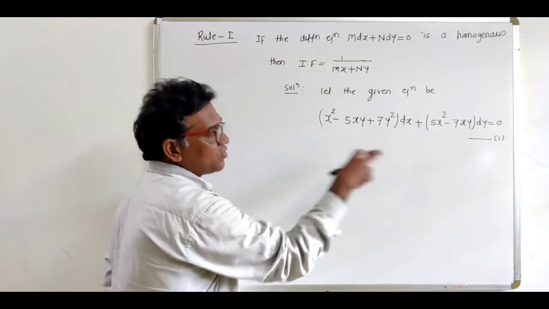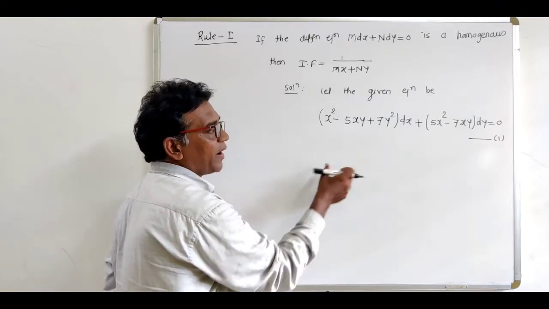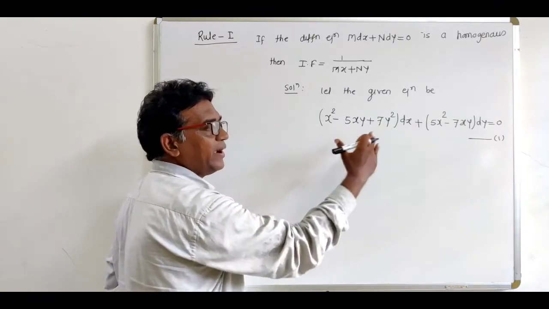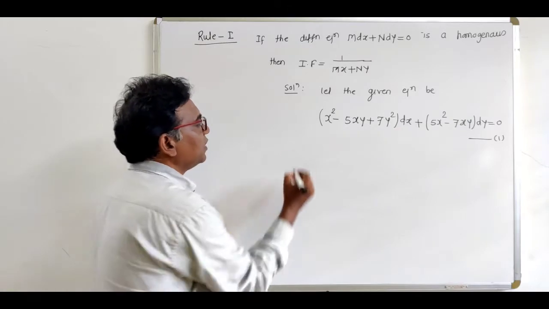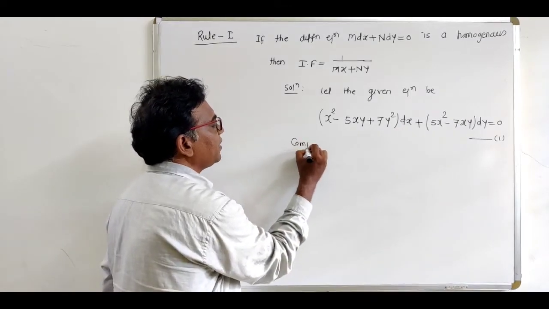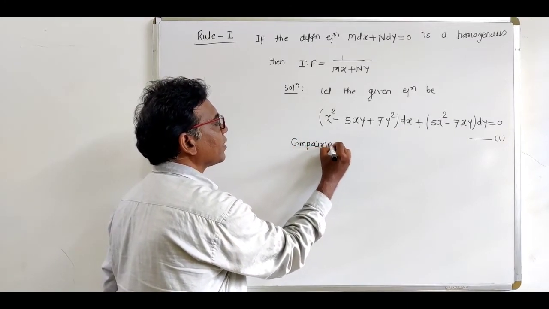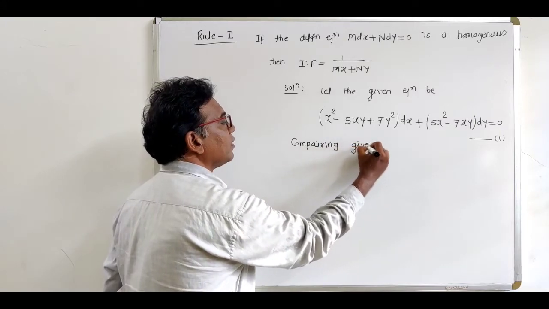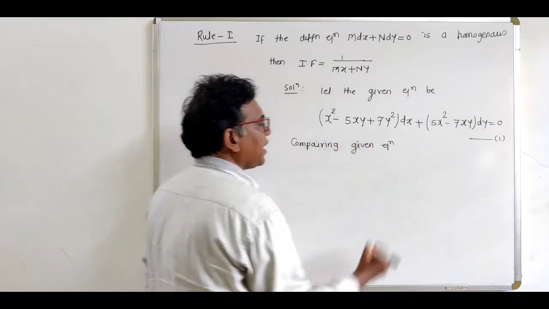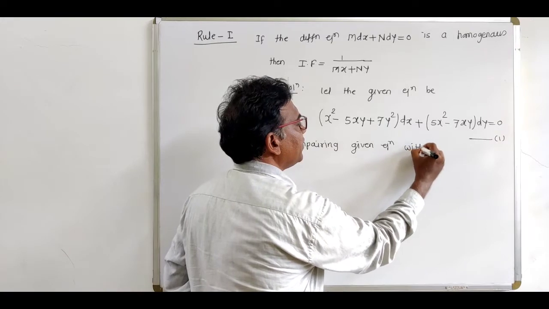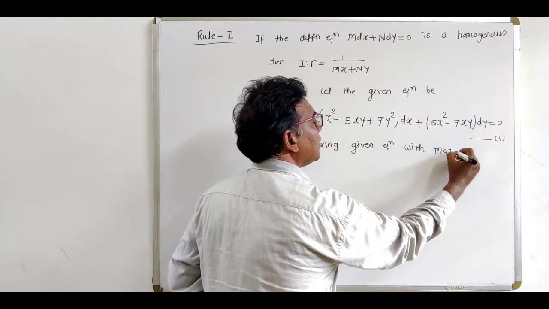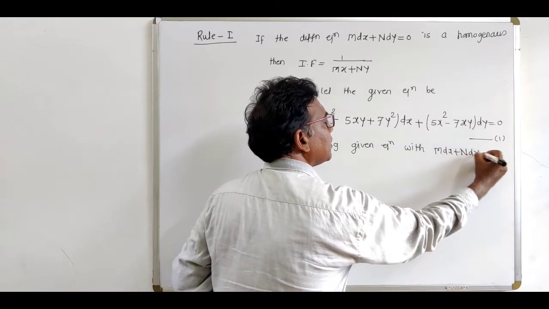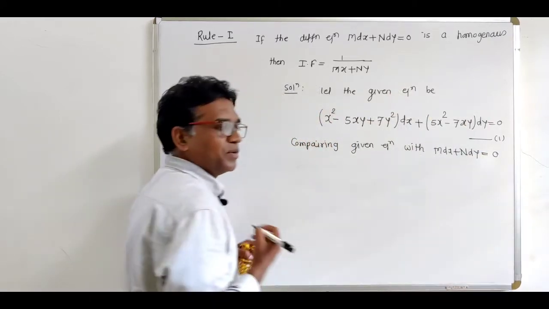This is always the standard form, M dx plus N dy equal to 0. So comparing the given equation with M dx plus N dy equal to 0.